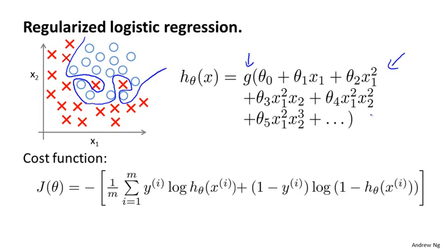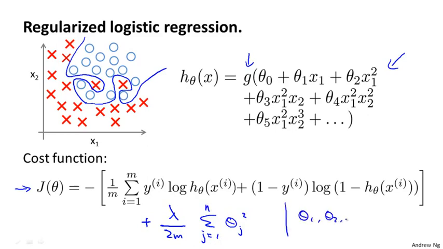This was our cost function for logistic regression, and if we want to modify it to use regularization, all we need to do is add to it the following term: plus lambda over 2m, sum from j equals 1, rather than j equals 0, of theta j squared. This has the effect of penalizing the parameters theta 1, theta 2, and so on, up to theta n, from being too large.